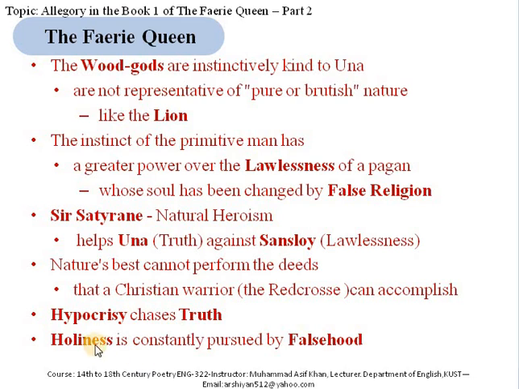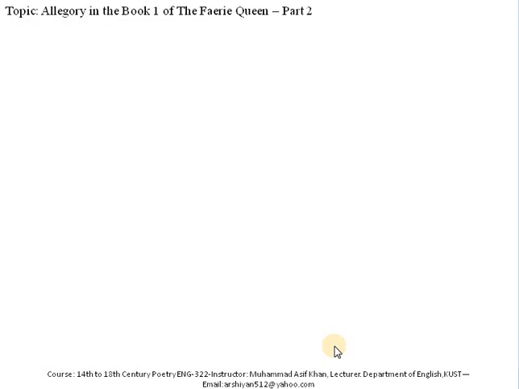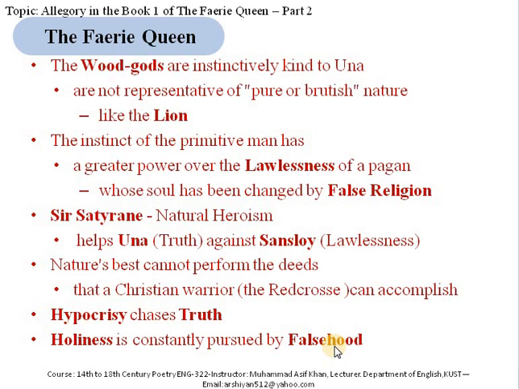Just as we see that truth is being followed by hypocrisy, so is holiness constantly being persuaded by the double dealing falsehood. That double dealing falsehood actually owes its true alliance to sin and joylessness, but it tries to profess its love for holiness.